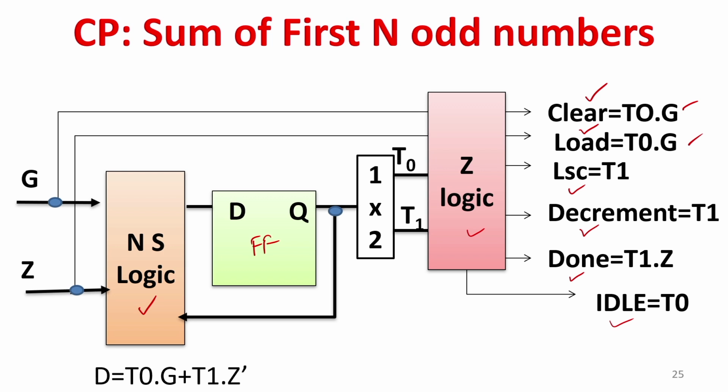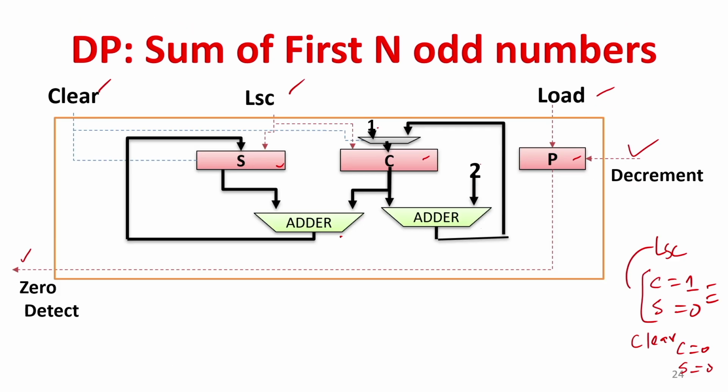Then load SC, whenever you are in T1. So, you are in T1, so load SC will be generated. So, load value from the other things, other things means in this case. Are you able to see this thing?